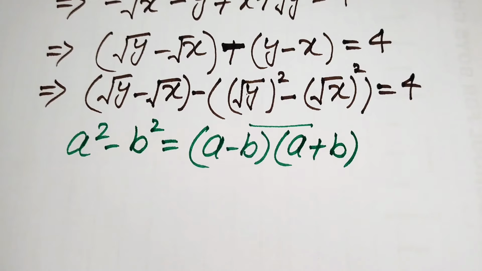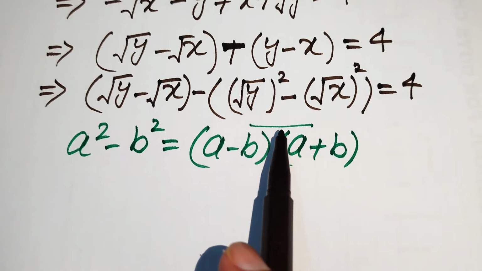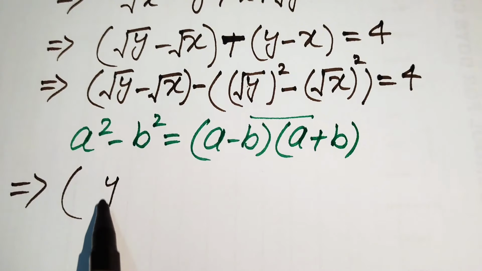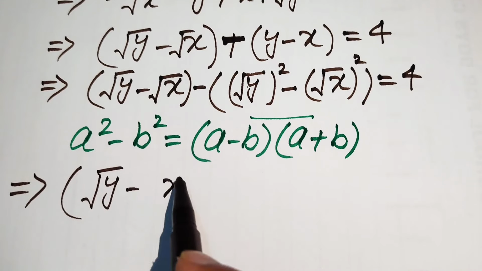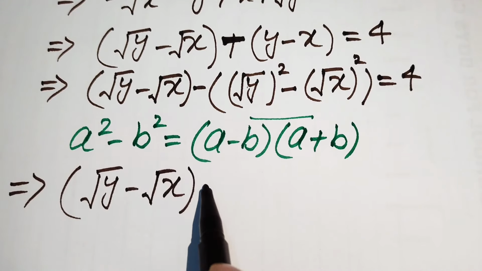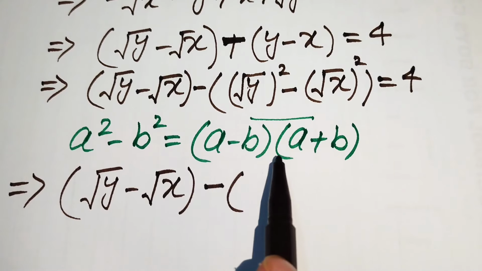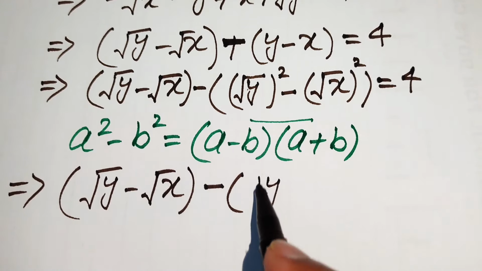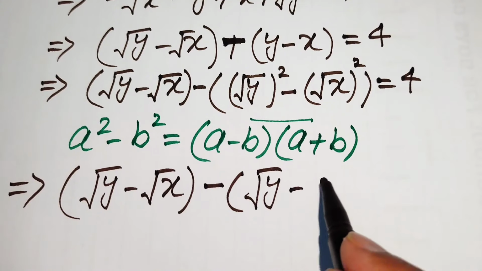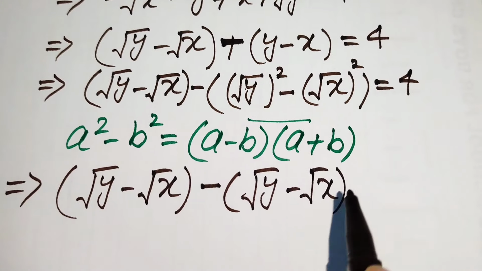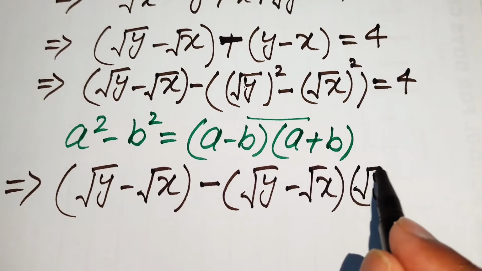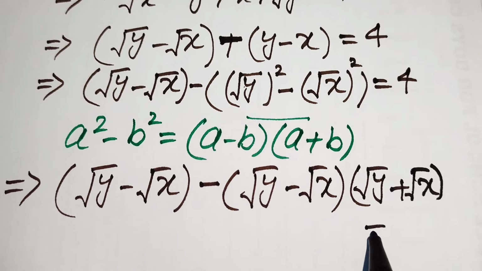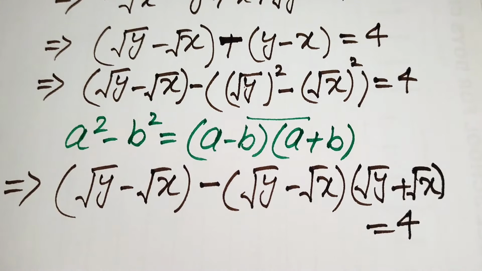After applying this identity, the expression is written as square root of y minus square root of x minus square root of y minus square root of x into square root of y plus square root of x equals 4.